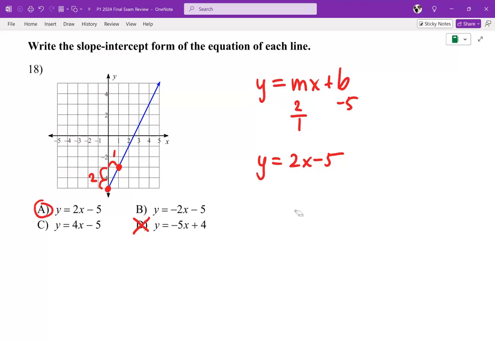I could have picked, if I wanted to, this point up here, and I would have gone 1, 2, 3, 4 up, 2 over, and 4 over 2 is still 2. So it doesn't matter which ones you pick. I would have obviously picked the closer one because it requires me to do less counting. But you could have picked the point up here, this point here, or even that point up there. Any one of those works just fine.